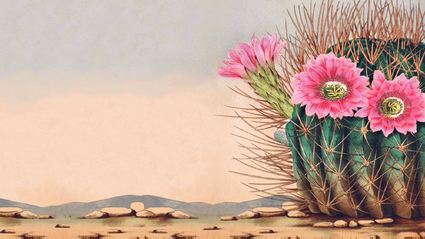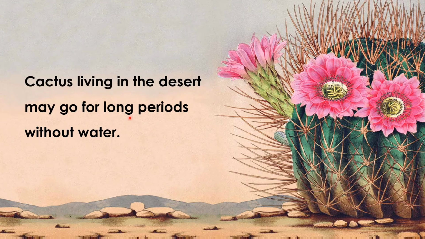That's why a cactus lives in a desert, and it can survive for a long period of time without water. What we call cactus leaves have evolved into thorns.